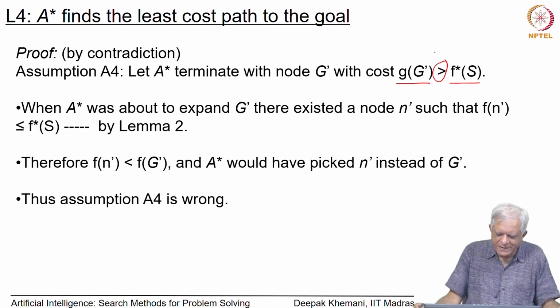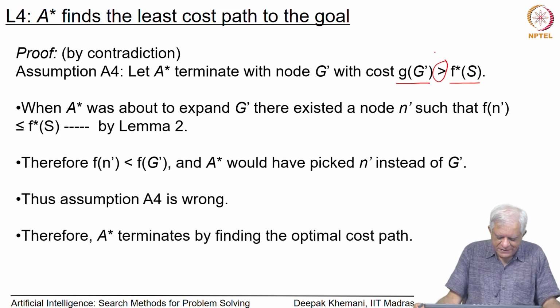So, it will never pick a path to the goal if that path is longer than or more expensive than the optimal path, and therefore, A star terminates by finding the optimal cost path.